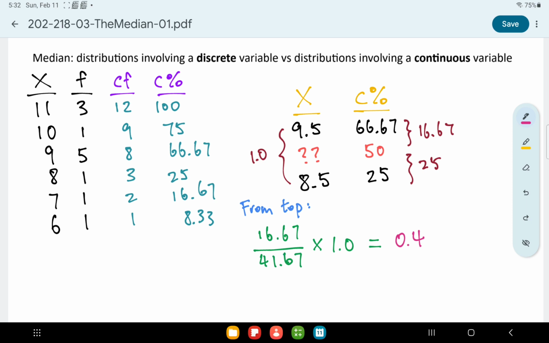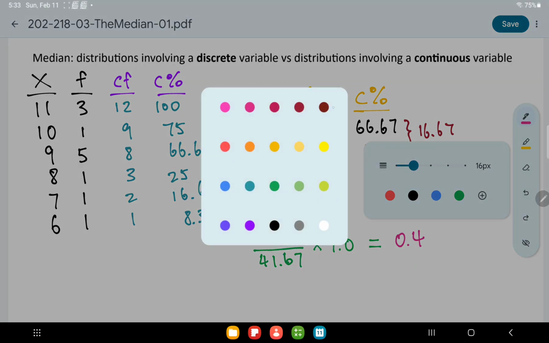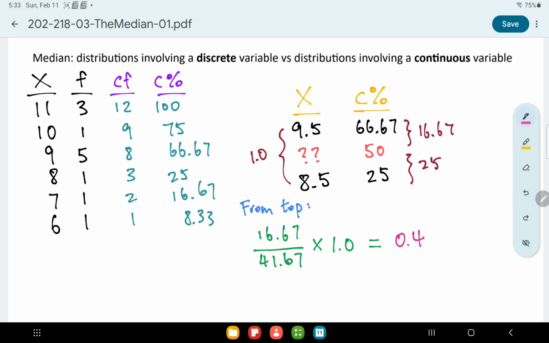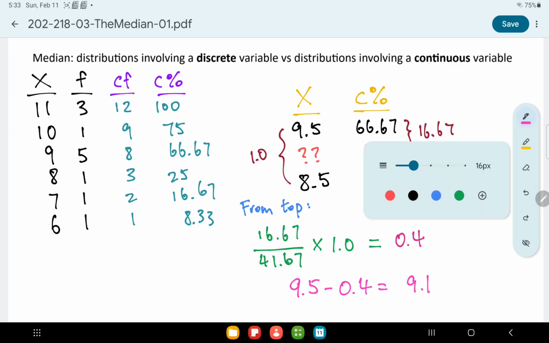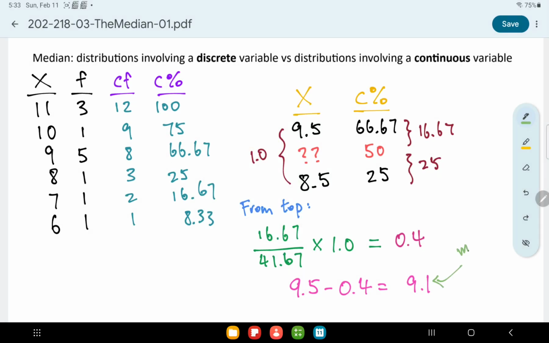Again, 9.5 is the top x score that we've decided to use as the starting reference point. So to proceed, all we need to do is simply to complete the arithmetic of 9.5 subtracting 0.4, which gives us 9.1, and voila, this is the median. Okay, this is the median.